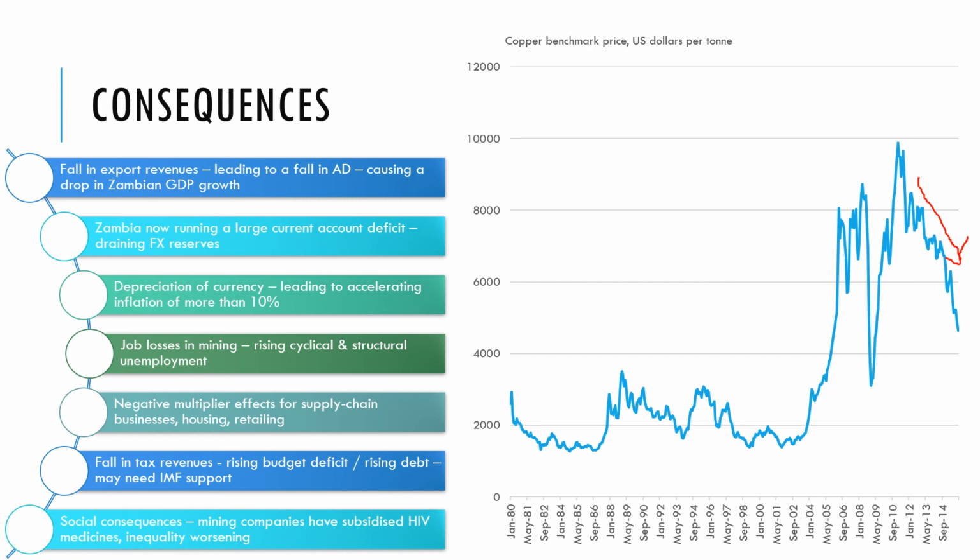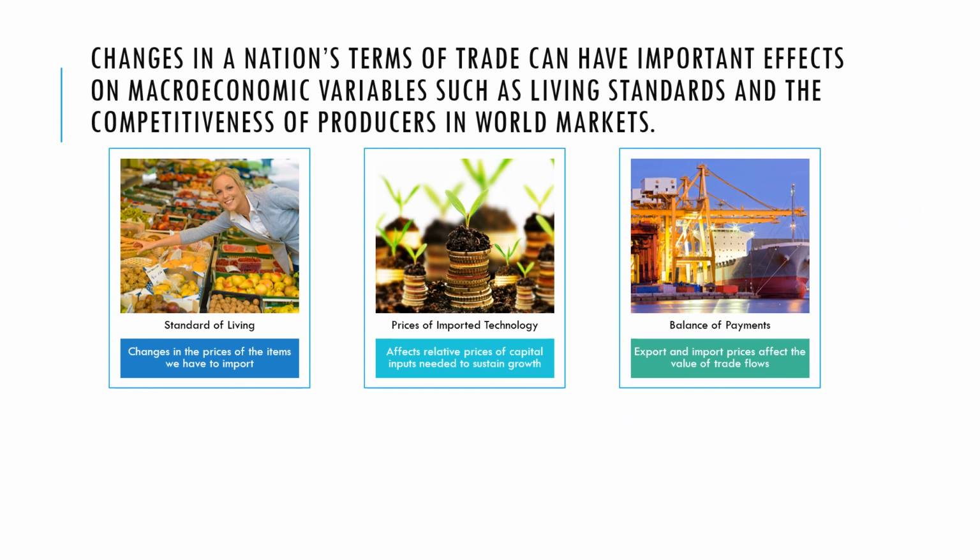And there may be social consequences. Mining companies have subsidized HIV medicines within Zambia. So changes in a nation's terms of trade can have important effects on macroeconomic variables such as living standards and the competitiveness of producers in world markets.